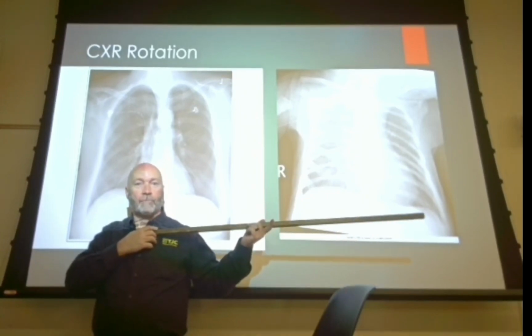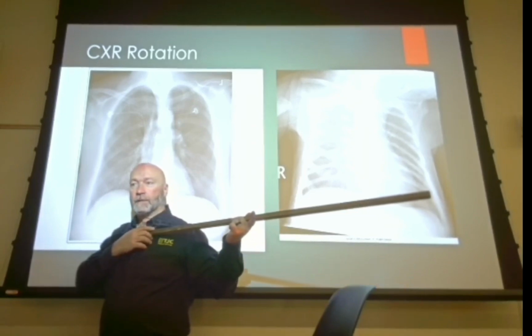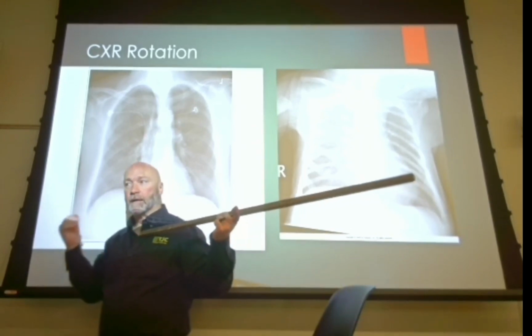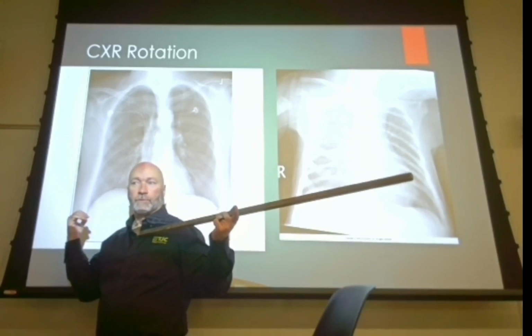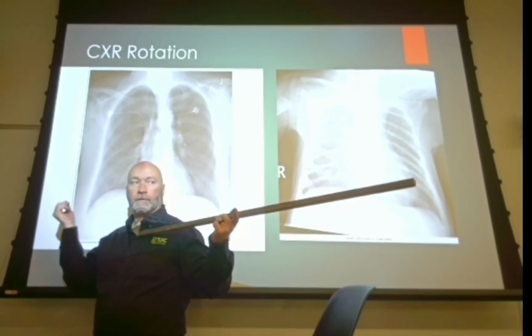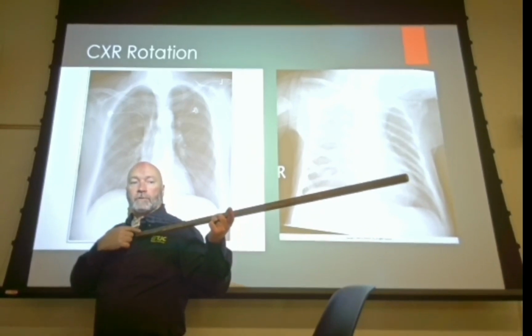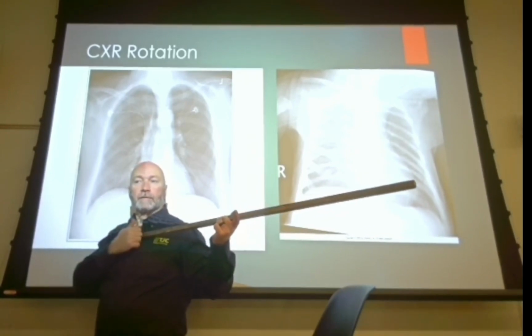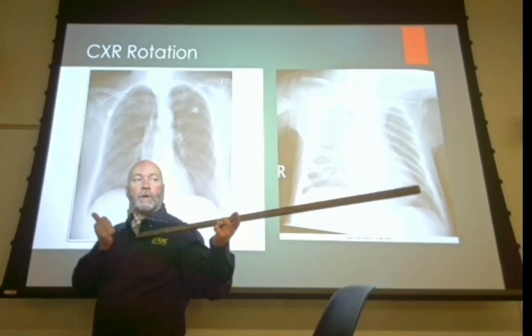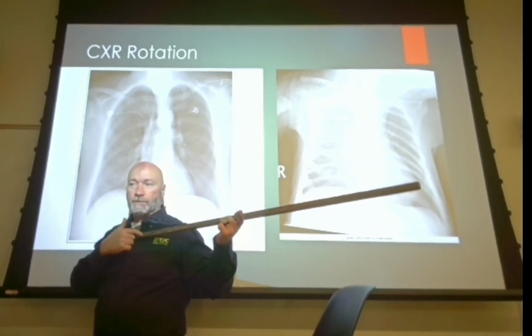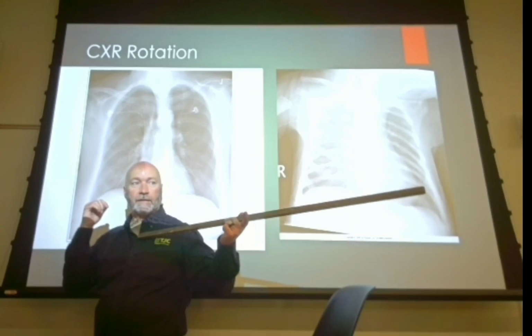As I rotate, which way is my spine going if I rotate into an RPO? Which way is spine going? Left. Yeah, it's going towards the left, right? So which way is clavicle going? Towards the right. So what's that going to do to the superimposition between the clavicle and the spine?